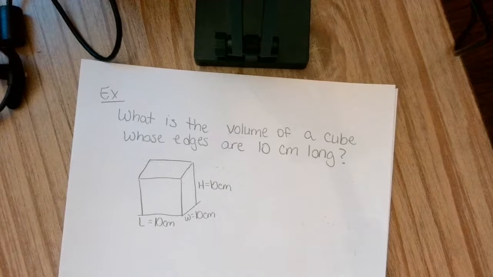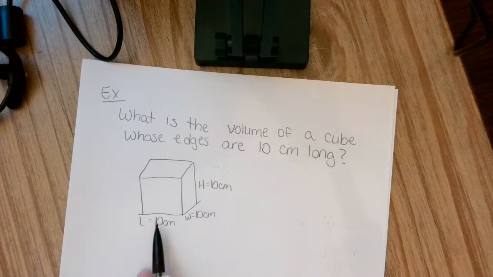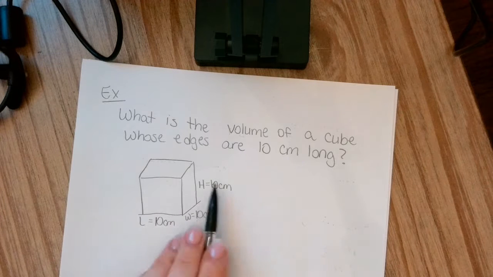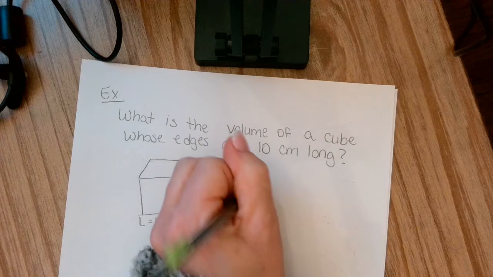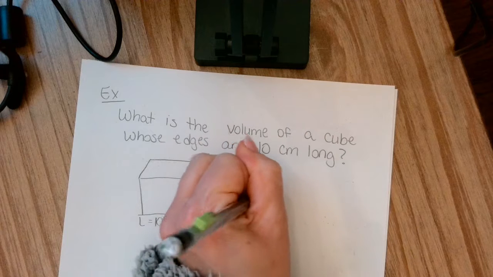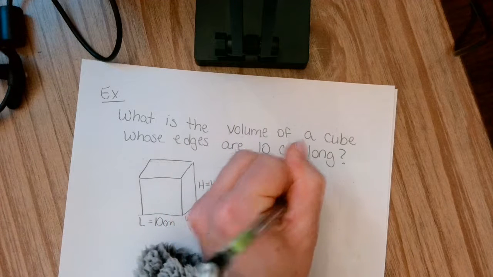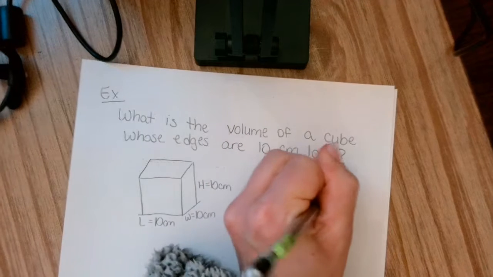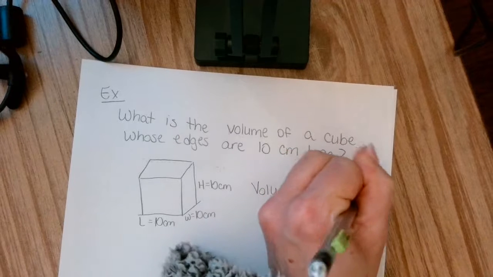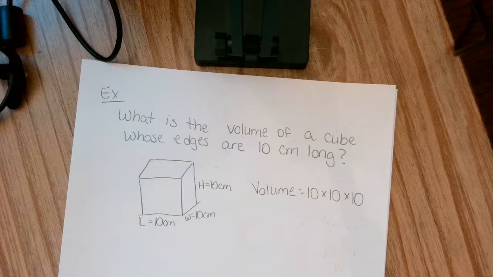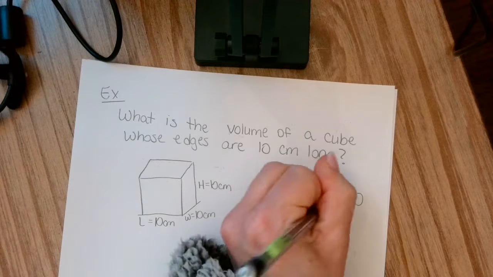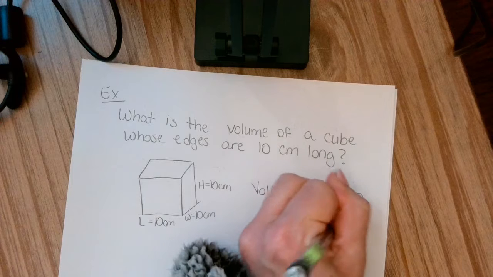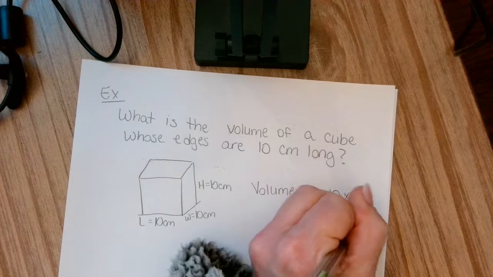Now all I have to do to get the volume is just multiply 10 times 10 times 10. Okay, and just like normal, 10 times 10 is 100, and then 100 times 10 would be 1,000.